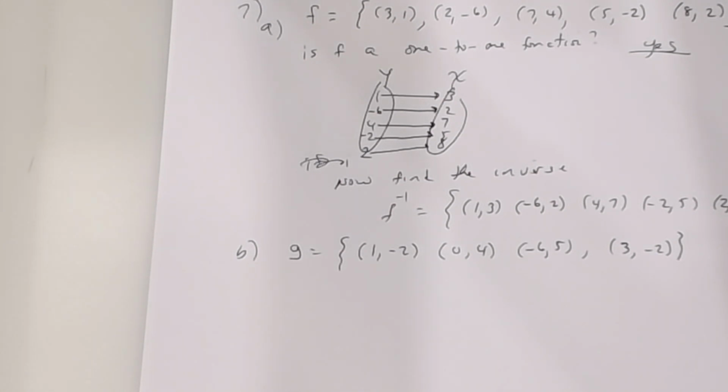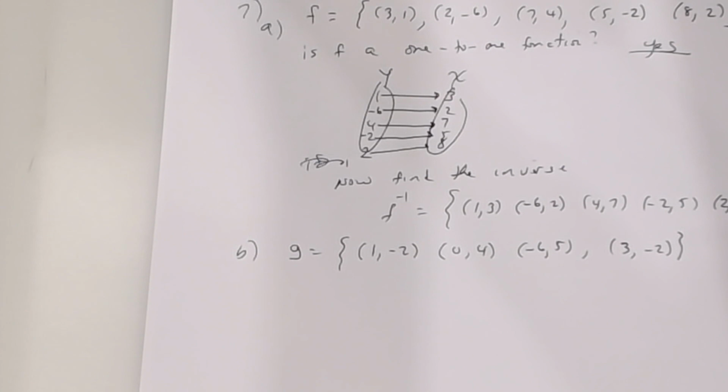First of all, it's a function, right? For each x coordinate, there's only one y coordinate. And you know it's a function because I used the function notation g. I want to know, does this function have an inverse?